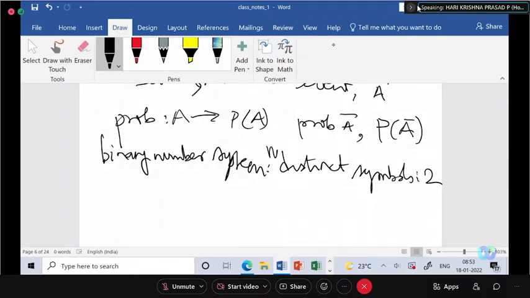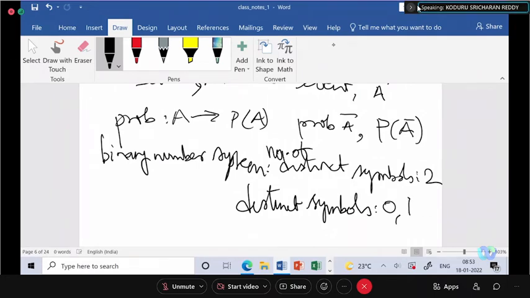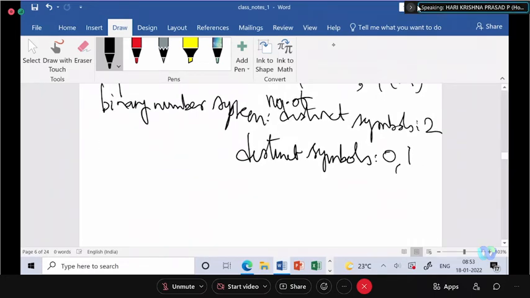Instead of distinct, let me put number of distinct symbols. What are those distinct symbols, please? 0 and 1.